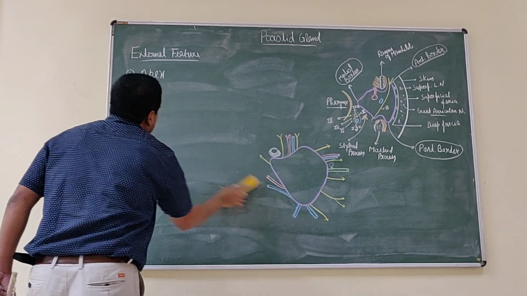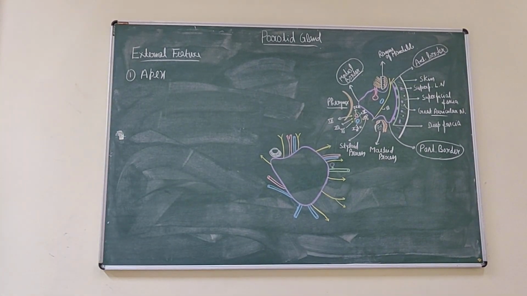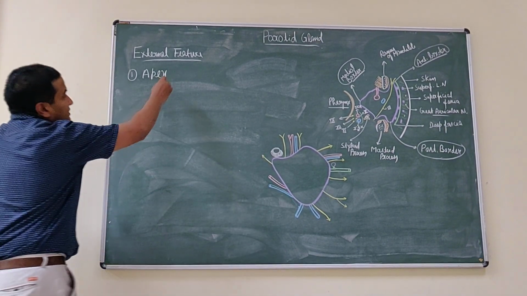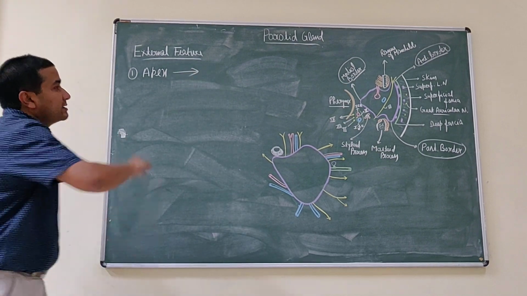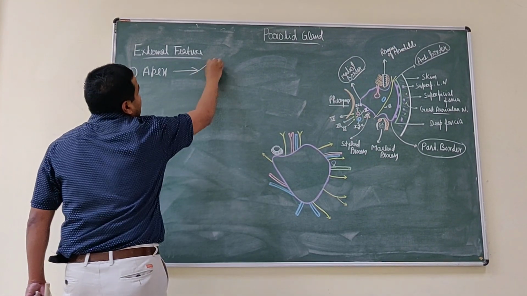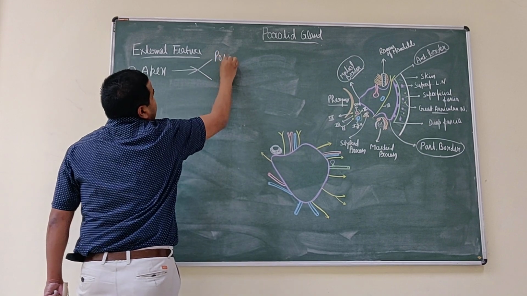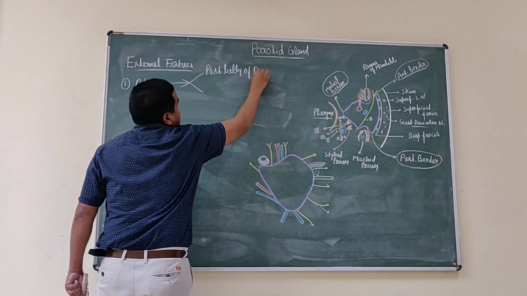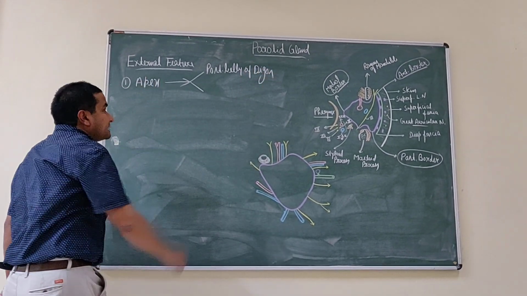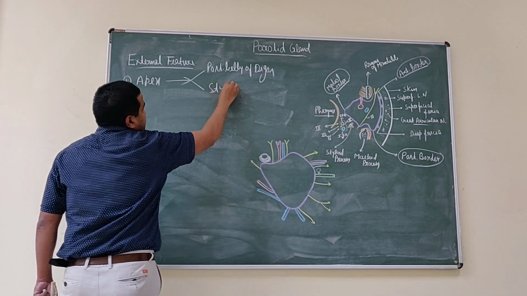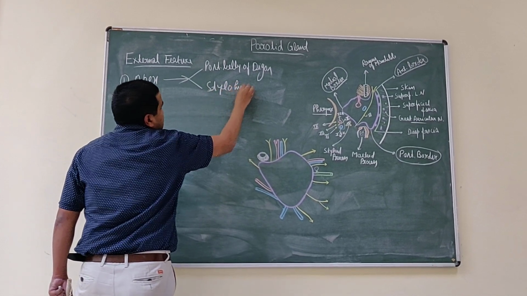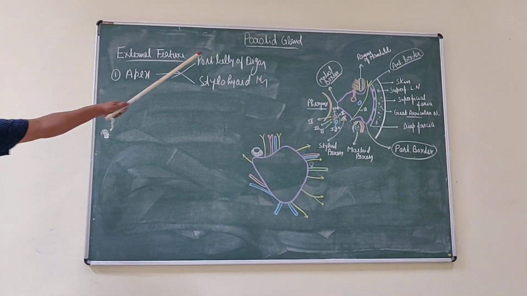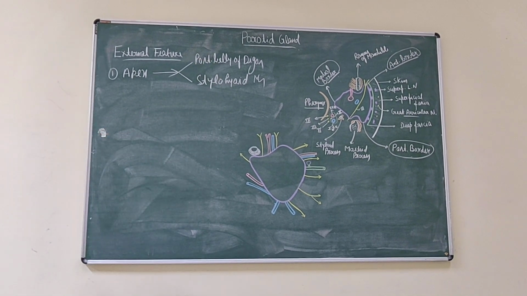First of all, the apex. This apex, you see, is directed downwards. And if you see the parotid region relations, this apex overlaps with the posterior belly of the digastric and the styloid muscles.